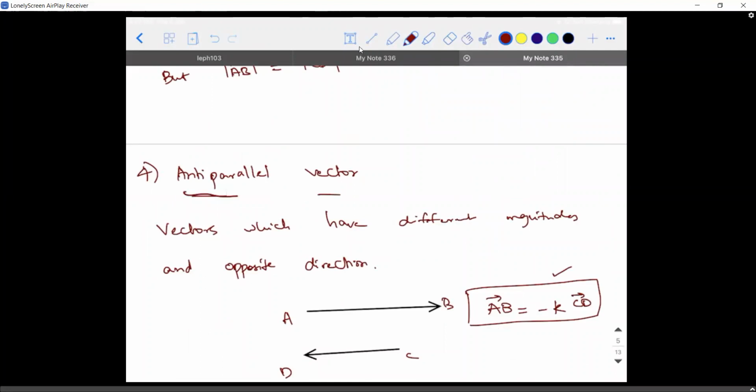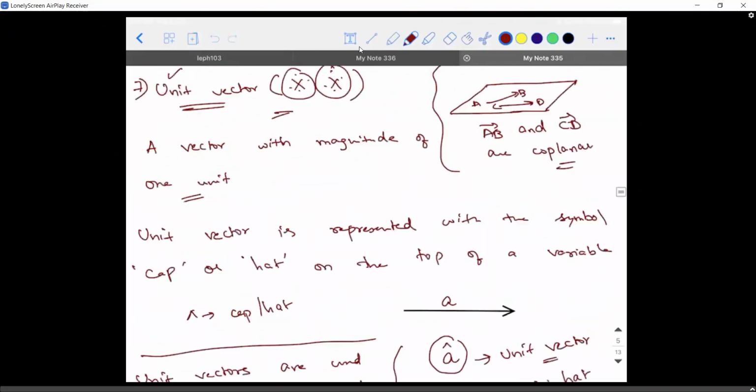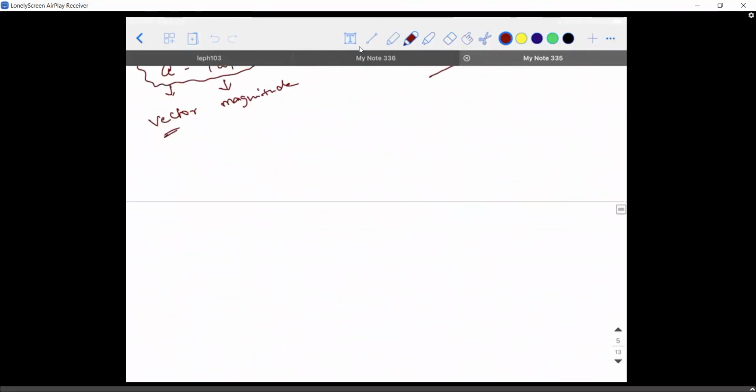Is there any doubt about the concepts we have seen? No, sir. Everything is clear? So we saw what is co-initial, coplanar and unit vectors as well, right?